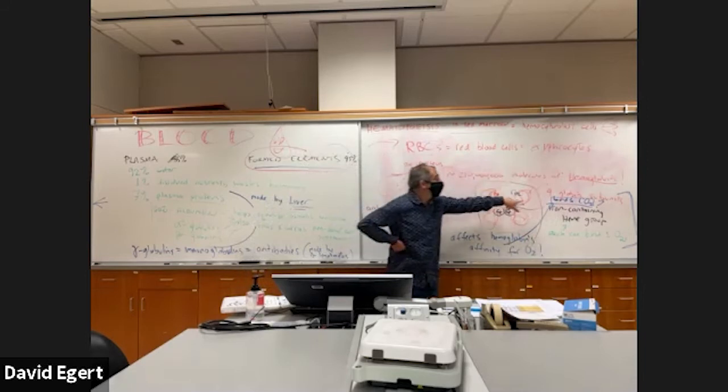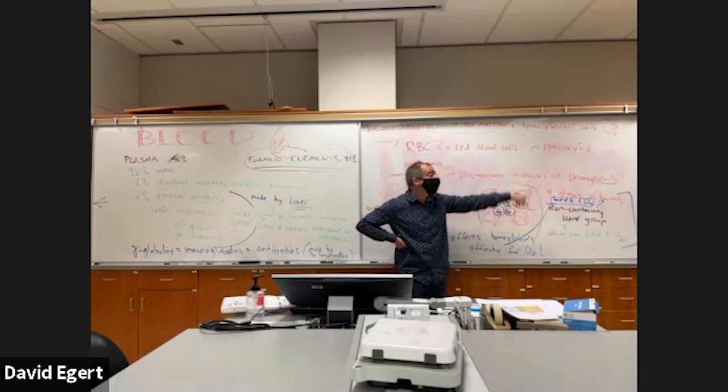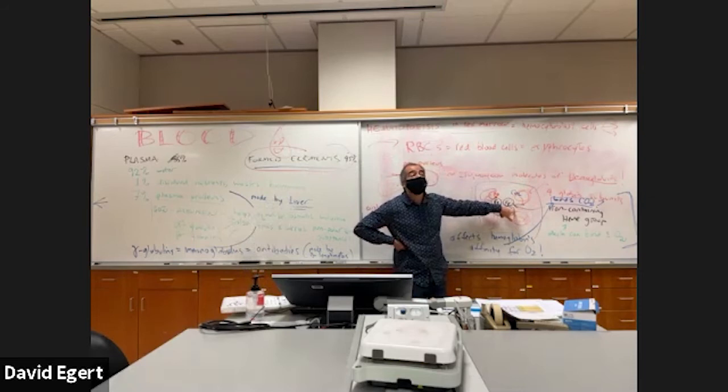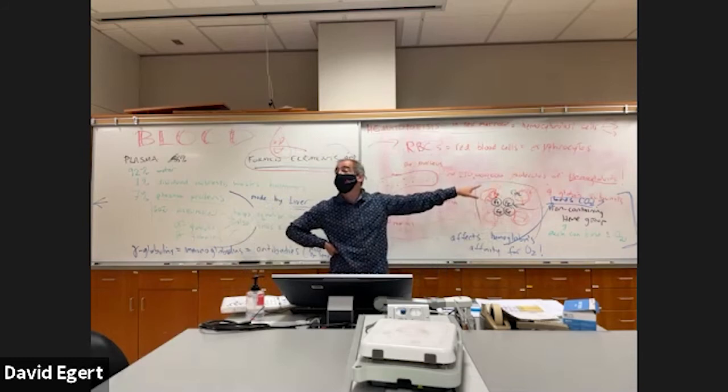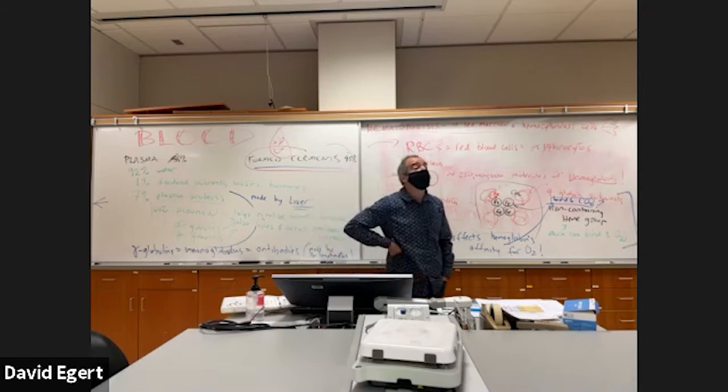The more carbon dioxide that ends up in the tissues, the less hemoglobin is holding onto the oxygen, and the more likely it is to let go of oxygen to deliver it into the tissue.